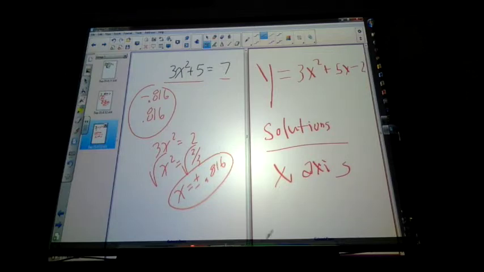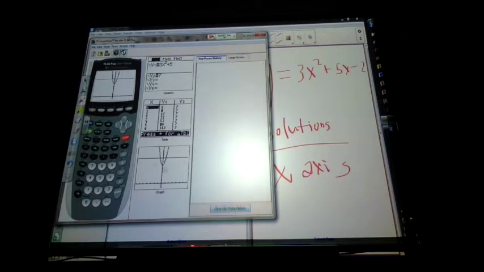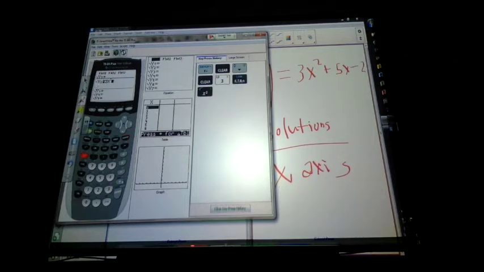All right, so clear this. Clear keystrokes. Y equals. Clear. If I went and used the quadratic formula on that problem, I would find the solutions. The solutions are where it crosses the x-axis. So just plugging it in: 3x squared plus 5x minus 2. You graph that, and the two places where it crosses the x-axis are your solutions.